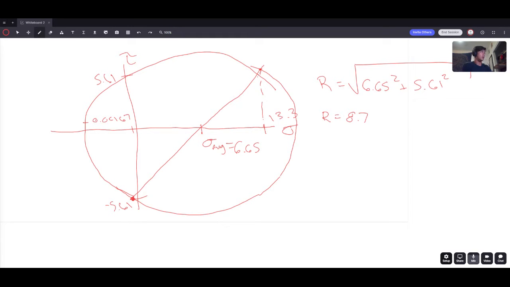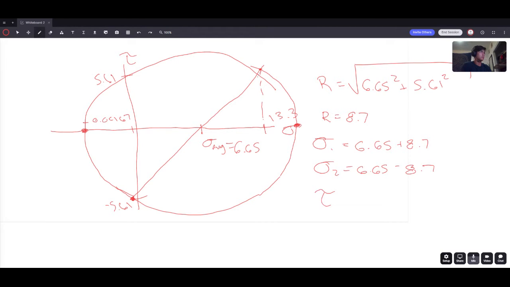Principal stresses are going to be in this part of the circle, so sigma average plus the radius: sigma 1 equals 6.65 plus 8.7. Sigma 2 equals 6.65 minus 8.7.